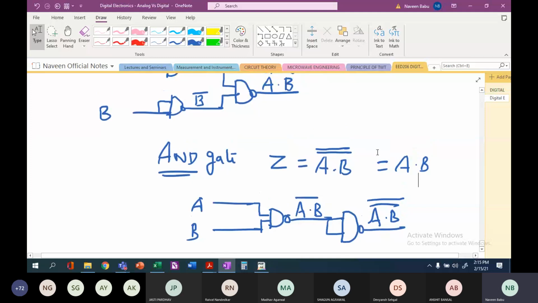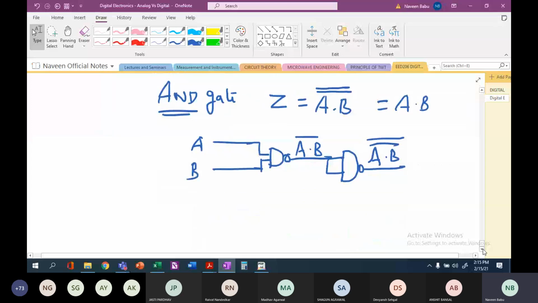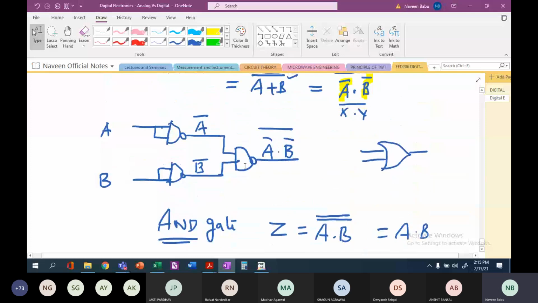You might wonder, we are using one single gate for an OR implementation, right? So this is one single gate, but here we are using three gates. Here, again, we will be using one AND gate only, but we are using two gates. Please note that it is not only the gates that is important, it is the IC that you are going to use. You will be using only one IC to implement this function. And inside this one IC, you will have at least 4 different gates based on the number of inputs.